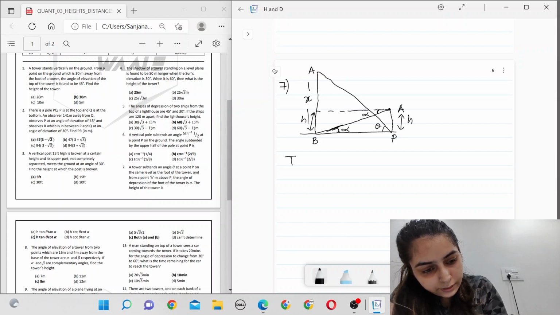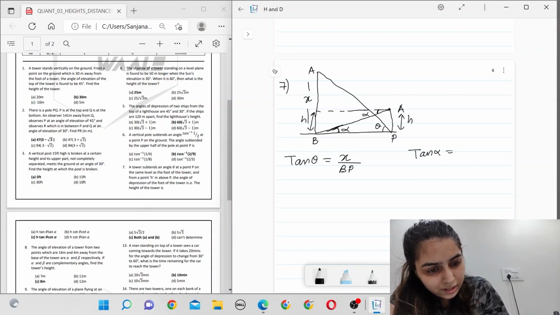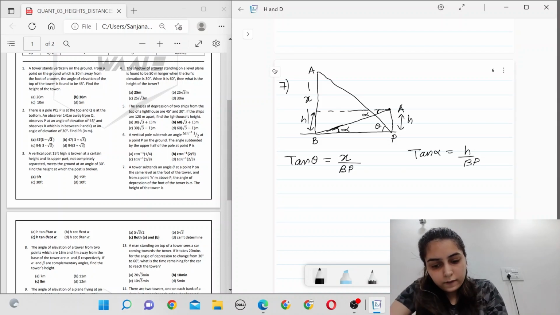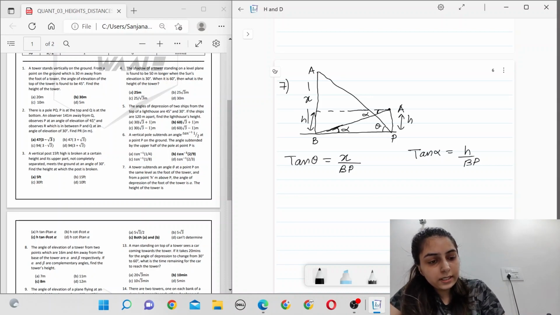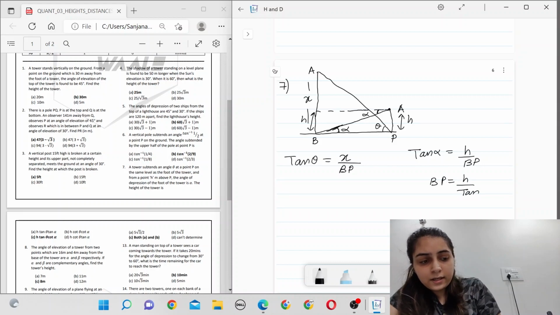So let's first apply tan theta. Tan theta is equal to x by BP, and tan alpha would be h by BP. They have asked us to find the height of the tower, so let's eliminate BP. So BP is equal to h by tan alpha.